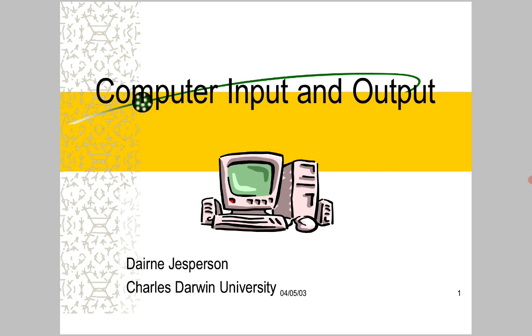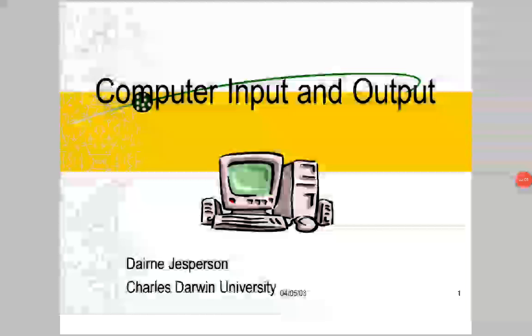So these are the basic devices used to accept data and information from the users to process the data by the CPU. There are many standard input output devices available. We discuss one by one.